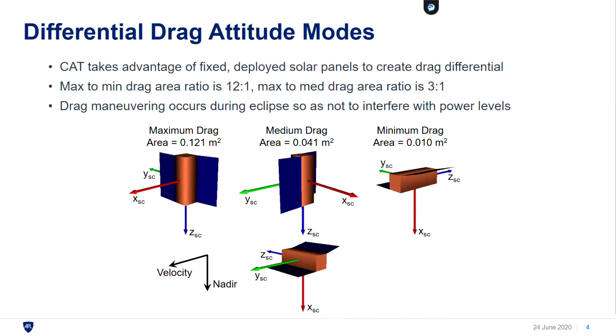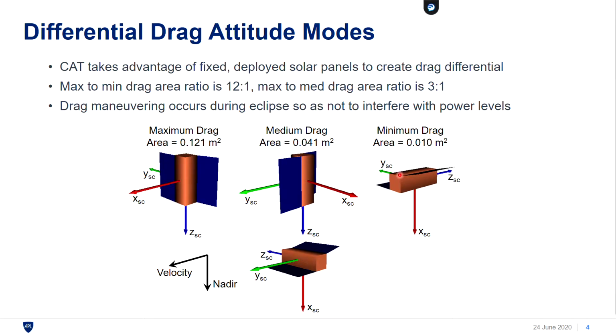Shown here are the attitude modes that we use for differential drag operations. You can see that the maximum drag has the x-axis pointed along the velocity vector, while the medium drag attitude has the y-axis pointed along the velocity vector, and the minimum drag attitude will point the negative z-axis along the velocity vector.